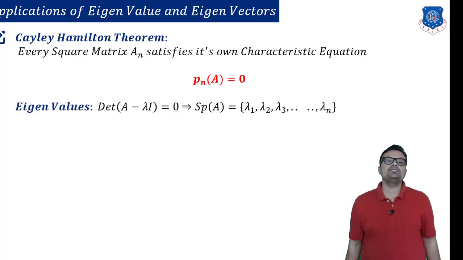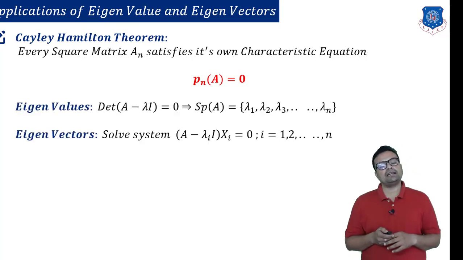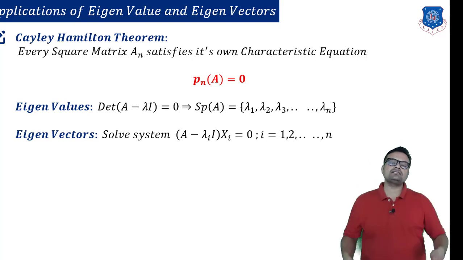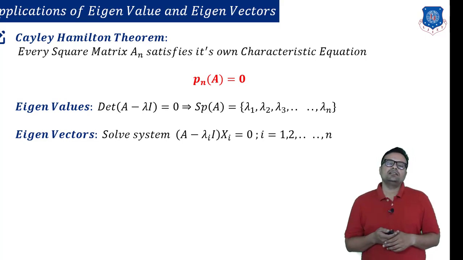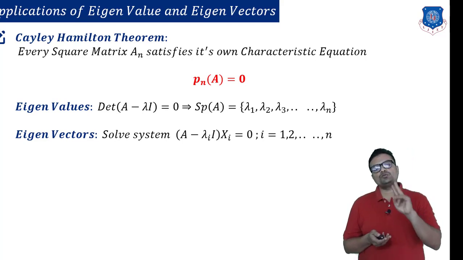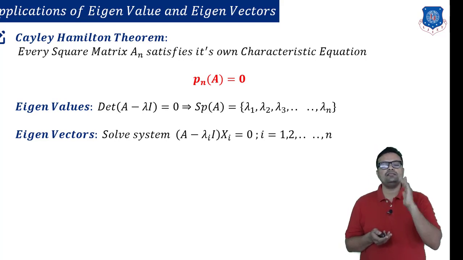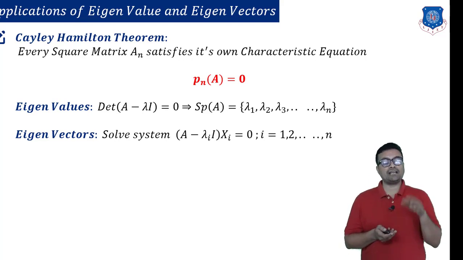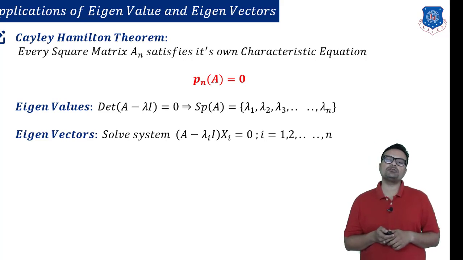For that, we need these two components of the matrix, eigenvalues and eigenvectors. Throughout this discussion today, in diagonalization and in the Cayley-Hamilton theorem, we need these two parts, eigenvalues and eigenvectors. Eigenvalues can be found by taking the determinant of A minus lambda I equal to 0.